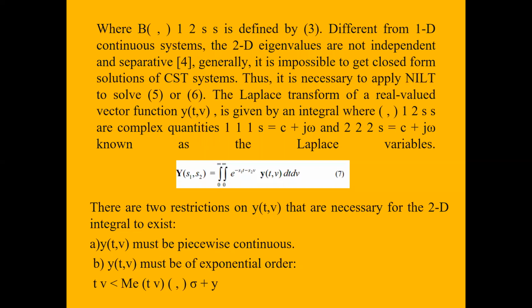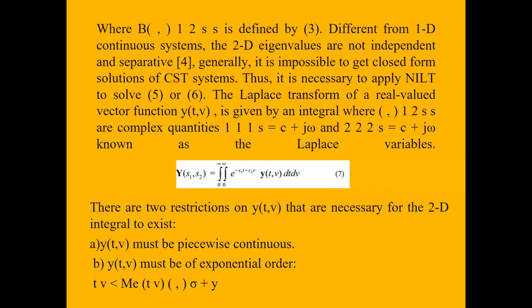Different from 1D continuous systems, the 2D eigenvalues are not independent and separative. Generally, it is impossible to get closed form solutions of CST systems. Thus, it is necessary to apply NILT to solve equation 5 or equation 6.